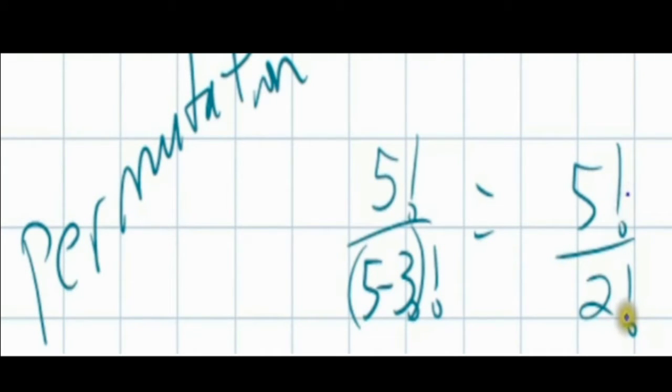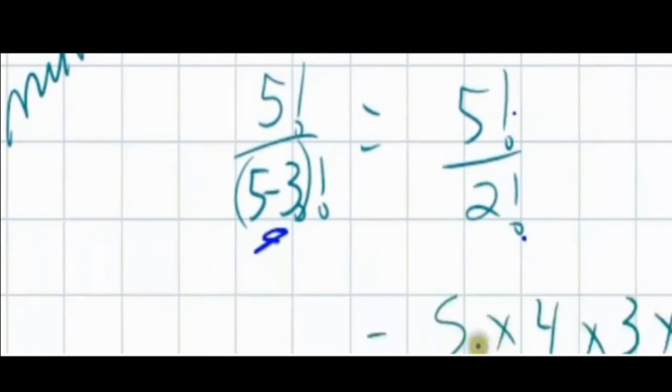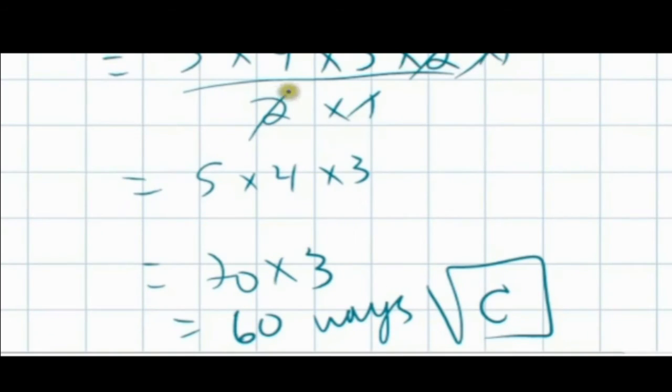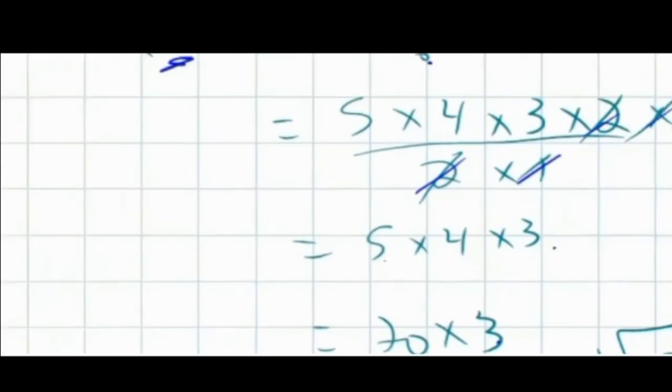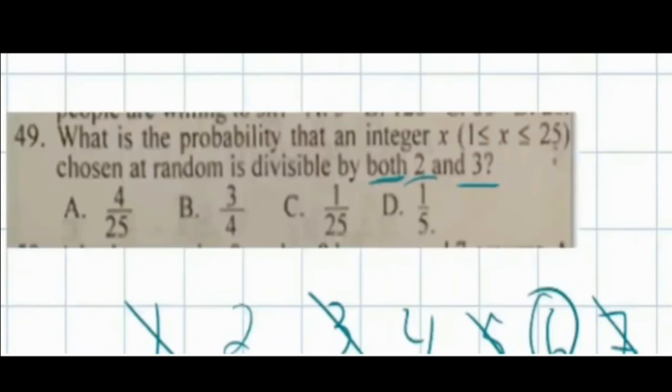And so you're going to do 5 factorial over 2 factorial. 5 minus 3 is 2. And so you can write these out. 5 times 4 times 3 times 2 times 1 over 2 times 1, and then you cancel out these numbers that appear on the denominator and the numerator, and you're left with 5 times 4 times 3, which is 20 times 3, which is 60. So your final answer is C.